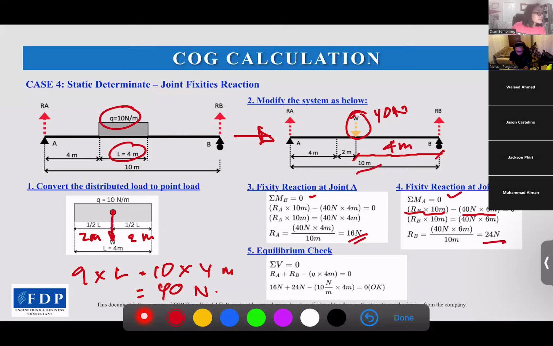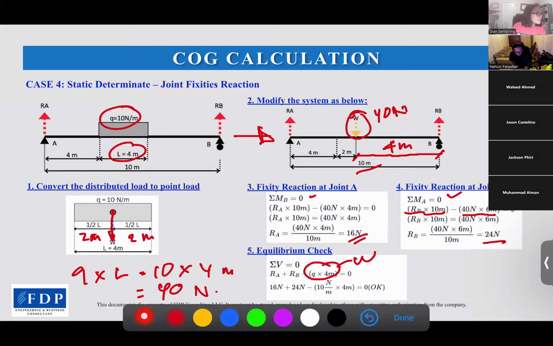And then we do the equilibrium check, just to make sure that our calculation for the joint reaction is correct. RA plus RB minus Q times 4 meters. Q times 4 meters is W, the one we calculated before as a point load.